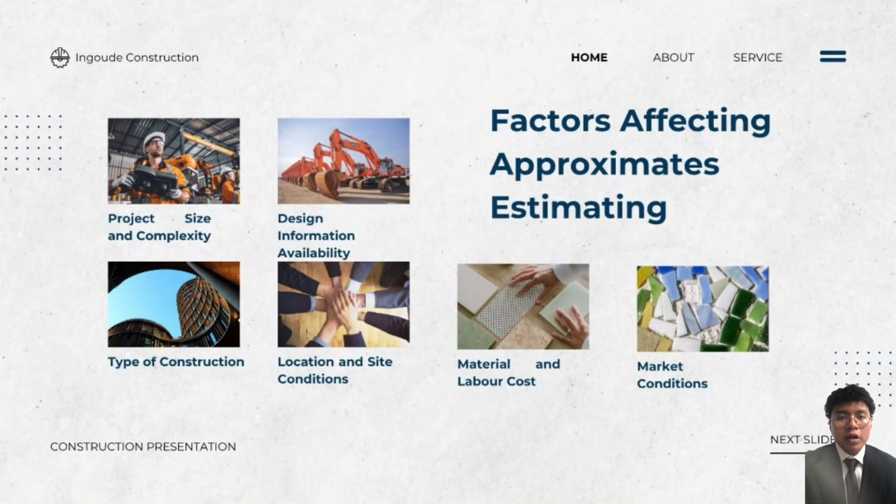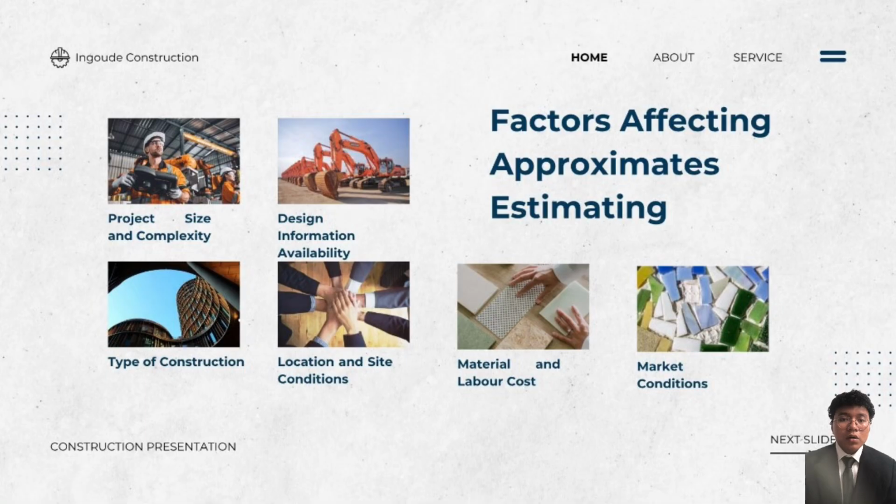Now, let's explore the key factors that affect the accuracy and reliability of approximate estimating in construction. These are the elements that can influence whether our early cost predictions are close to the actual final cost. 1. Project size and complexity.